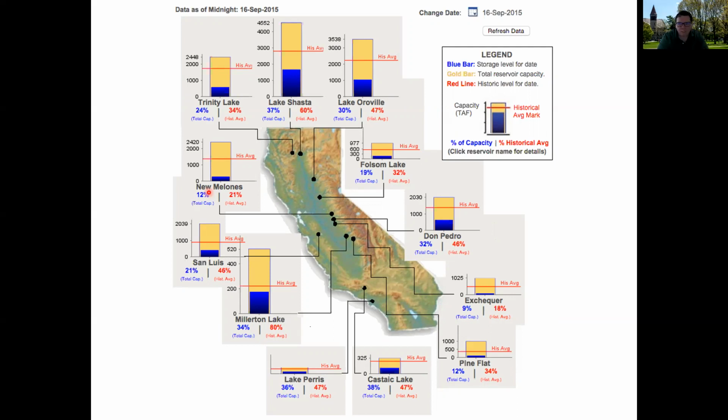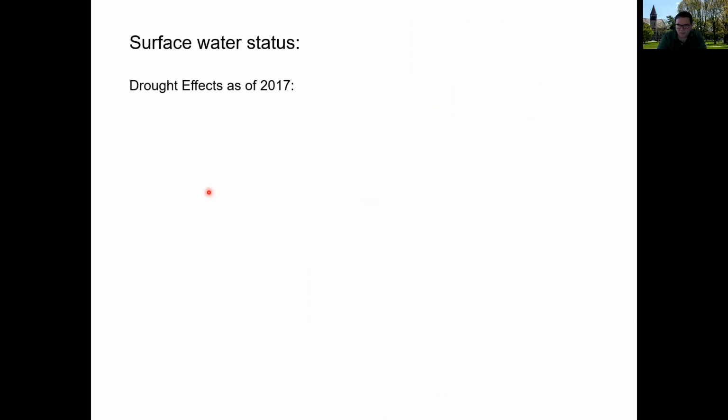But it got pretty serious in the sense there just wasn't a lot of capacity left to provide water in California. So right before the major rain event, where we had a rainy season in California for about the first time in 20-some years, the drought effects were pretty serious.